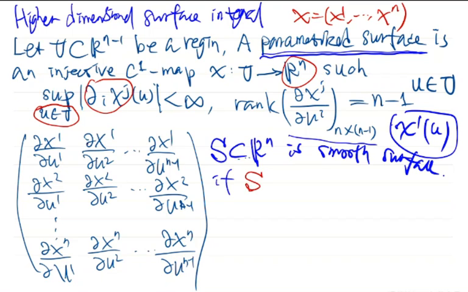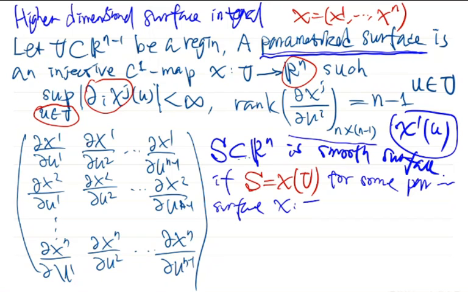If S is the image of U under some parametric surface X. The image of a parametric surface is called a surface. So a parametric surface is a map, but the surface is a subset of Rn, with a beautiful shape. It is in some sense smooth.